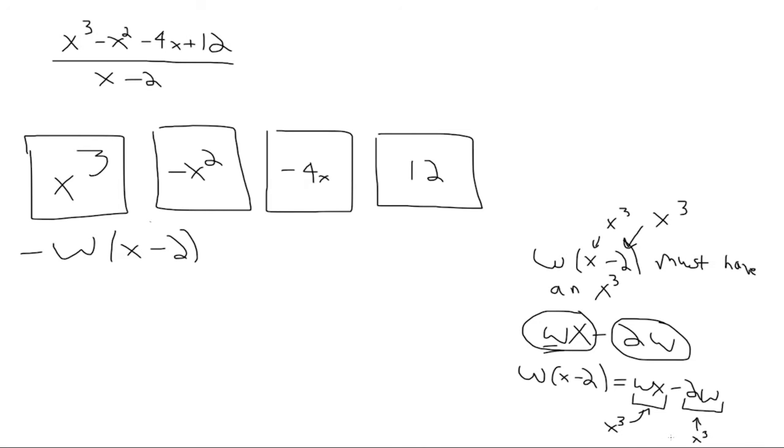Now, what we're going to find is that when we're multiplying some number so that it gets rid of one of these parts of the polynomial, we always want it to be the one with the variable with the higher exponent. So, for example, if we had x minus 3, we would want to make it so that w times x minus 3, we would want to make it so that w makes the x cubed.